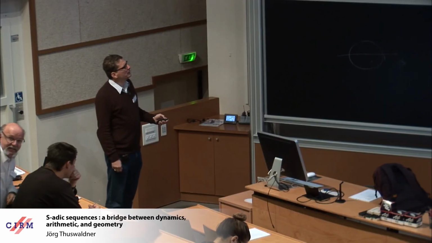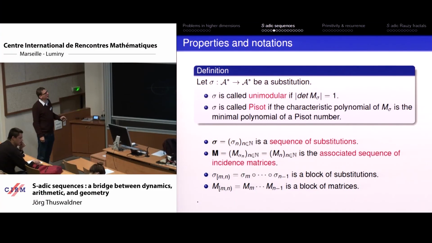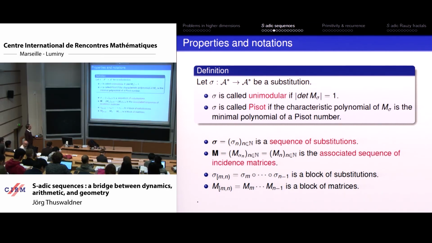Here is some notation. The boldface sigma just denotes a sequence of substitutions, and the boldface M denotes the associated sequence of incidence matrices. You see I make a simplification in notation. Instead of M associated with sigma n, I just write M_n, not to overload notation. And since we will often deal with blocks of substitutions, I don't want to write out the compositions.